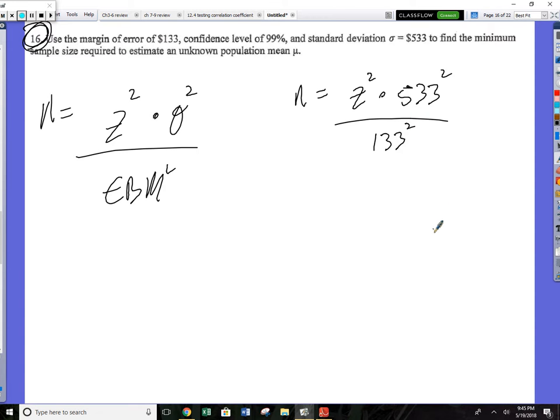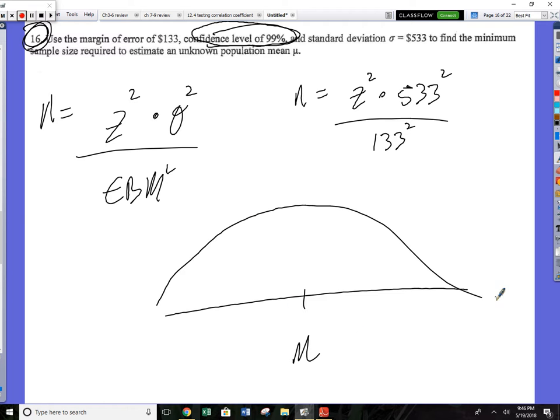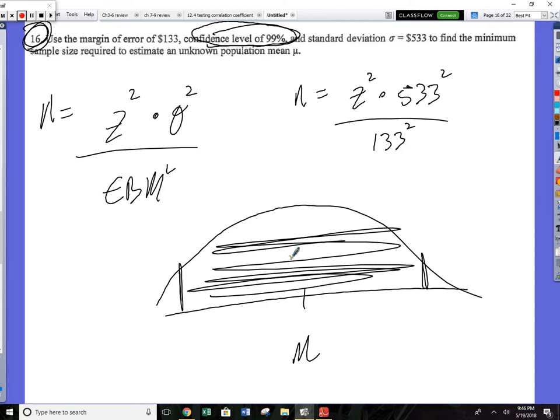So all we need is a z-score, and this is the key to the z-score. So here we go. They want your mean right here, and they want to be 99% sure, so that is almost everybody. Okay, 99%. Now, your tails.